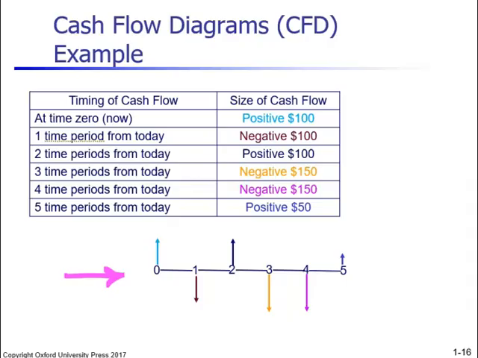And if it is negative, downward, it means it is the money you paid. So here, at time 0, positive 100, you get $100.